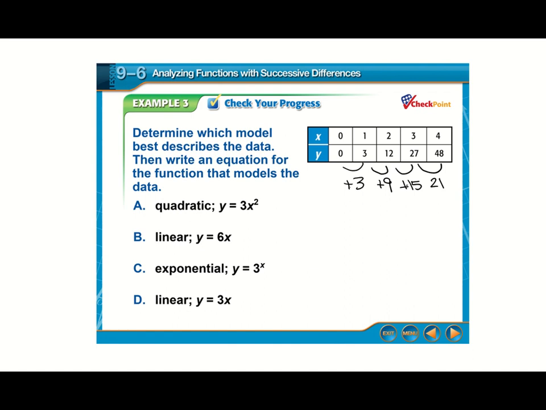Okay, so clearly it's not linear because those are not the same. So then, what do I need to add to 3 to get 9? 6. 9 to 15, 6. 15 to 21, 6. So since all these are the same, the second differences are the same, it is quadratic.